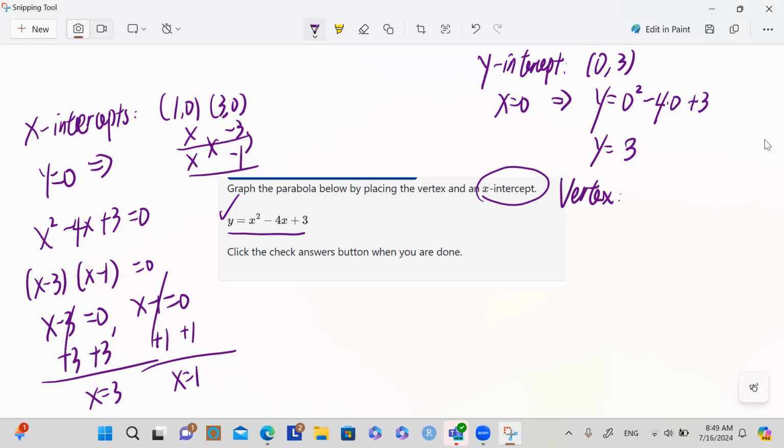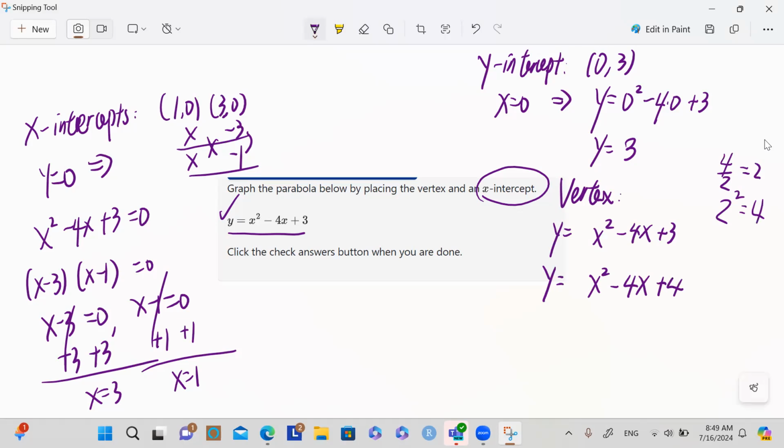Now for the vertex, we need to complete the square, so y equals x squared minus 4x plus 3. We need that perfect number, right? For x squared minus 4x, the number is 4 over 2, which is 2, squared is 4.